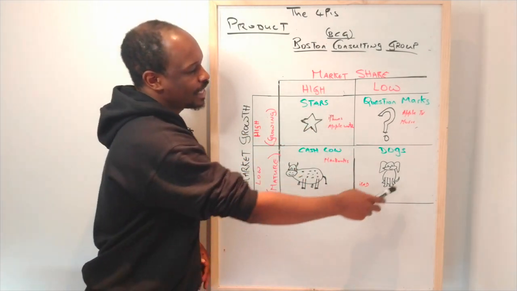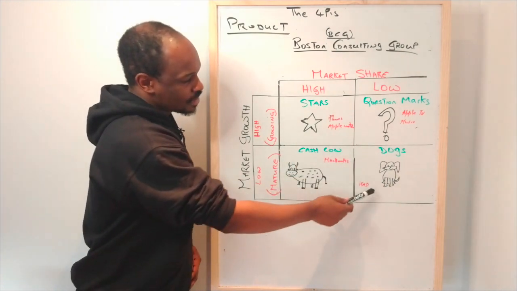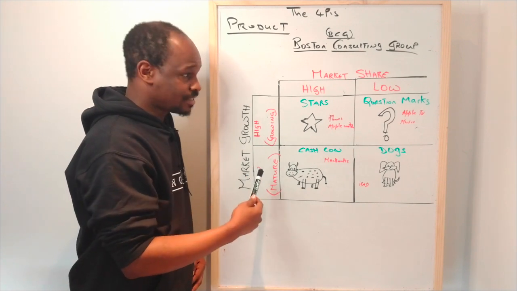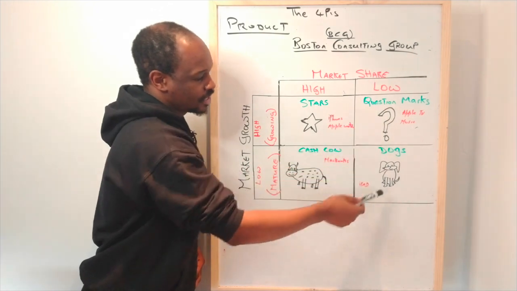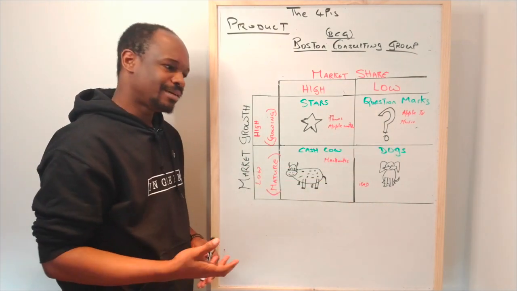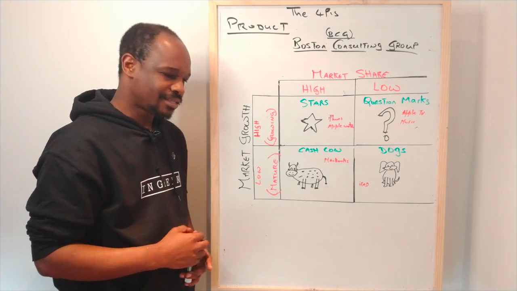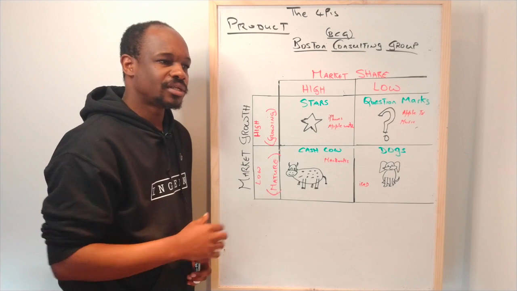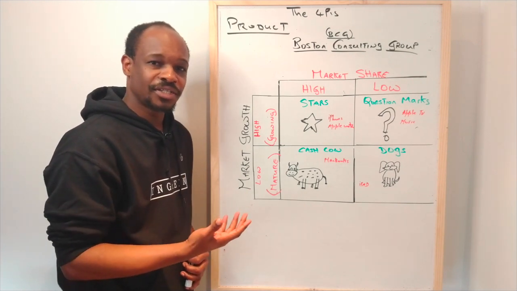Okay, and then the last one is what we consider to be dogs. These are products in a low market growth industry, and also with low market share. So the iPads are not really growing so much because you have tablets, and the things you can do on the iPad you can also do on your computer or on your cell phone.